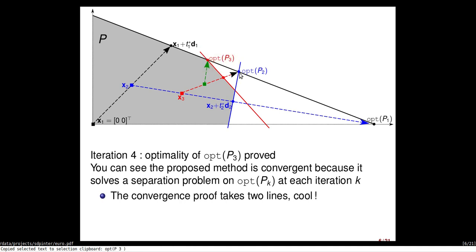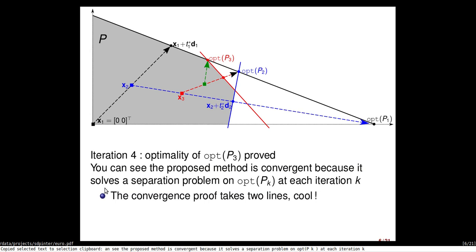In this way, we can easily prove that the overall method will converge. Why? Because it generalizes the standard cutting planes that solves a separation subproblem on opt pk at each iteration k. So in the worst case, this algorithm will end up enumerating all constraints.